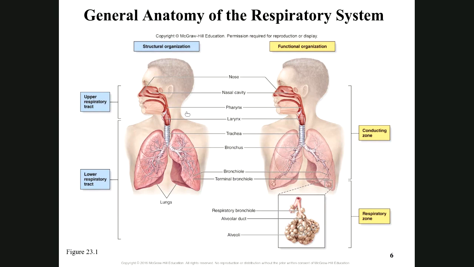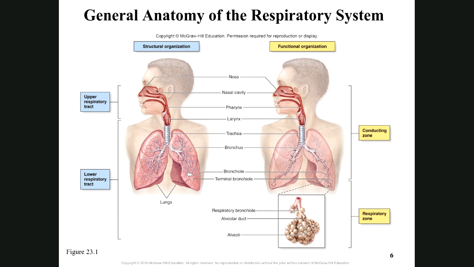In the upper part of our respiratory system, we have the nasal cavity, then the pharynx, and after that the larynx. The lower part of our respiratory tract starts from the trachea, then we have bronchi, after that bronchioles, then alveoli and air sacs.